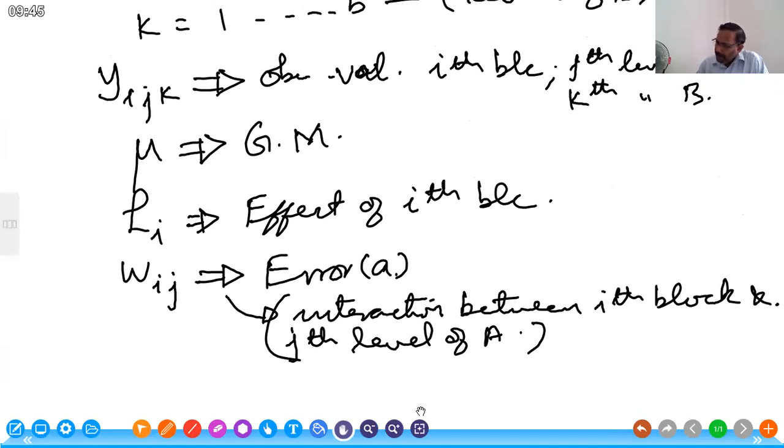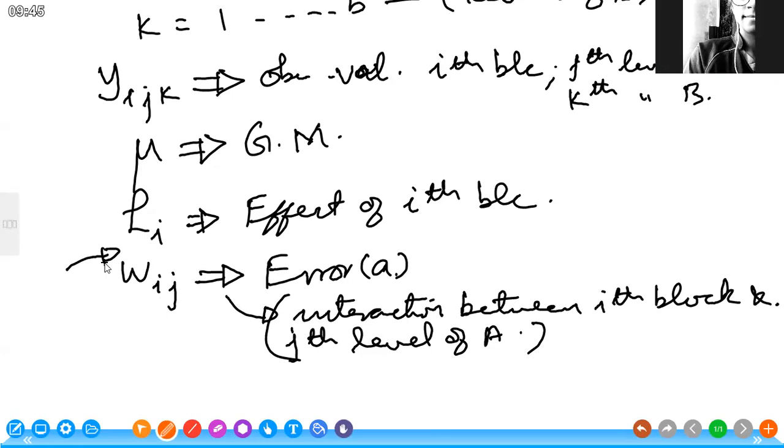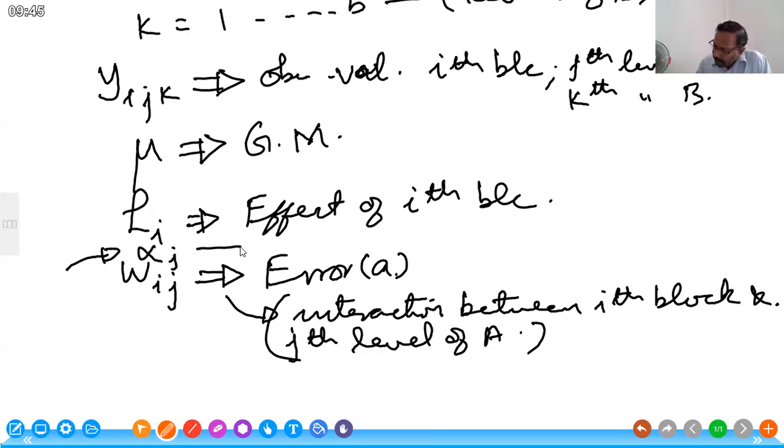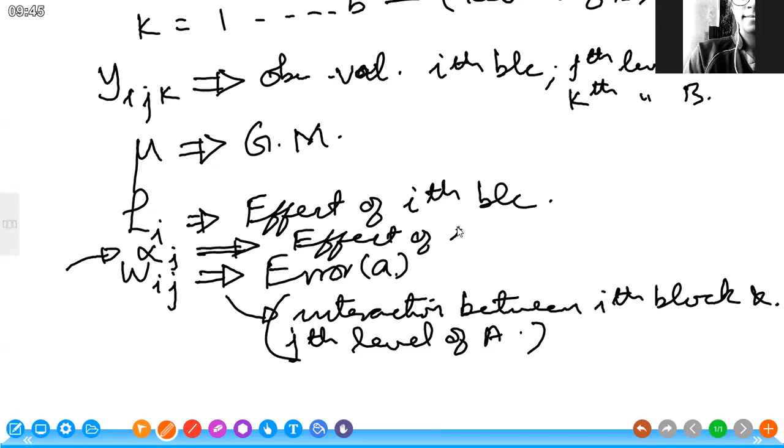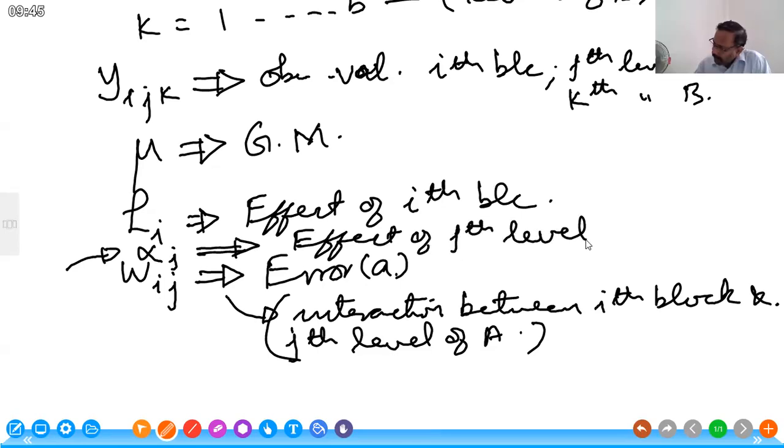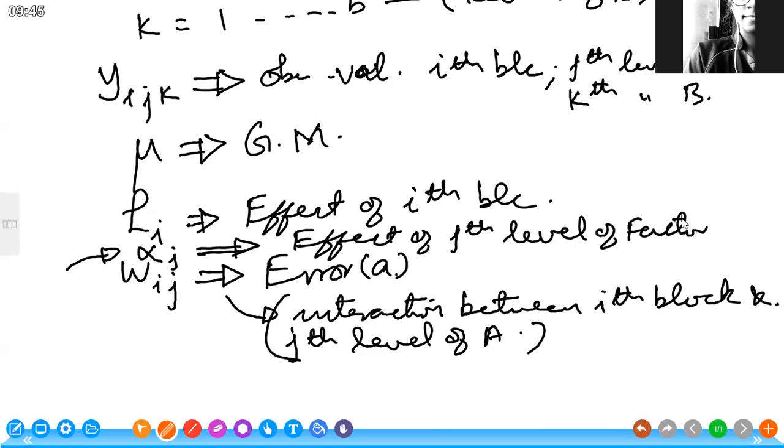Before that, we missed one thing. I can remember now. In the model, I missed one: alpha j. So you write alpha j first. What is alpha j? It is the effect of the jth level of factor A. Right.